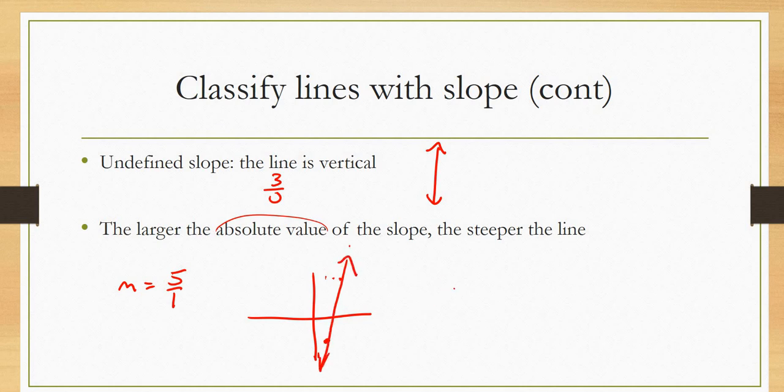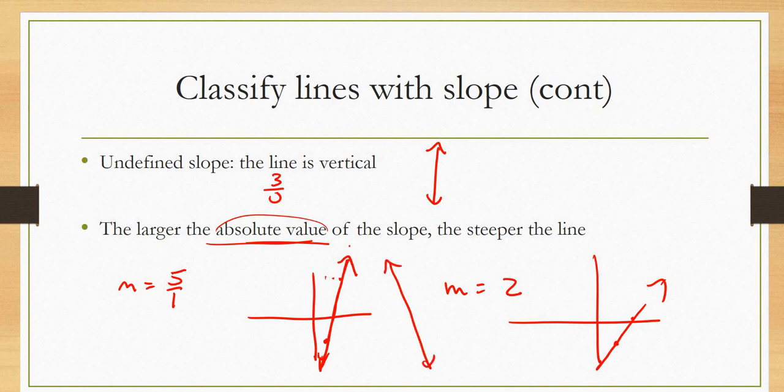A slope of 5 is much steeper than a slope, say, of 2. A slope of 2, I would go up 2 and to the right 1. So the bigger the absolute value, the steeper the line is. It might be steep going up, it might be steep going down. Doesn't matter if it's positive or negative. That's what absolute value means.